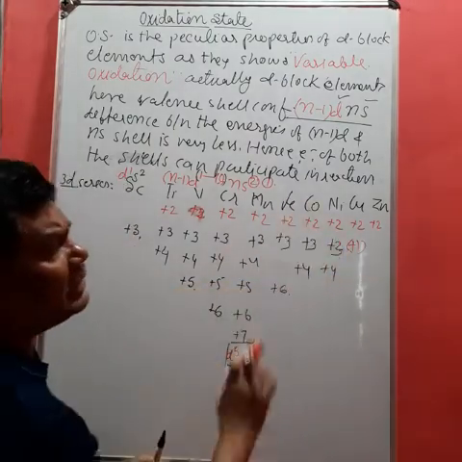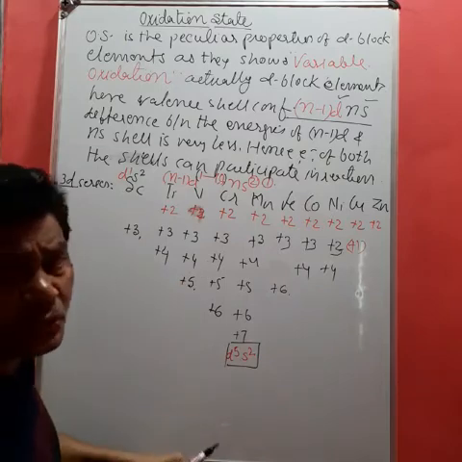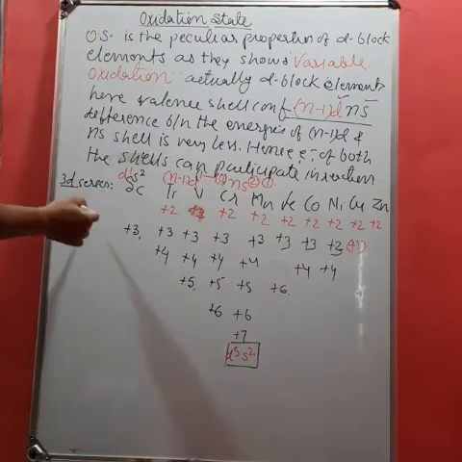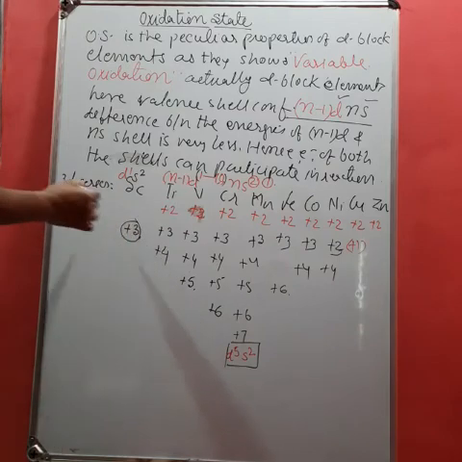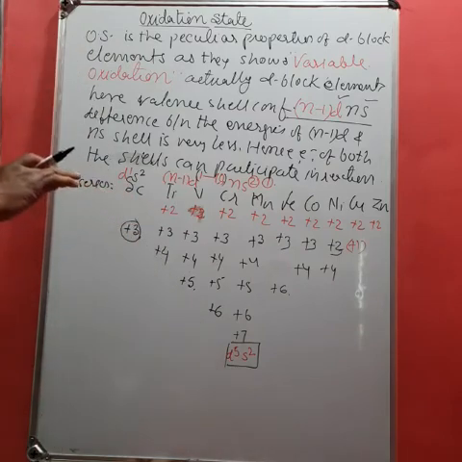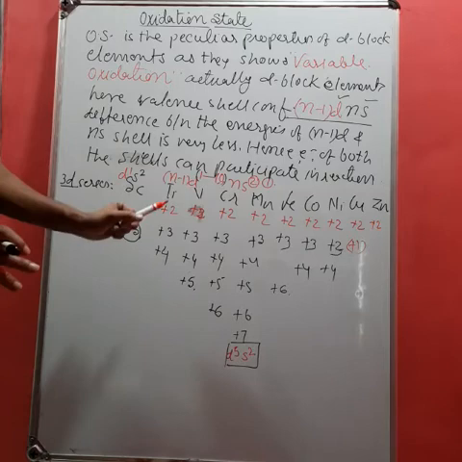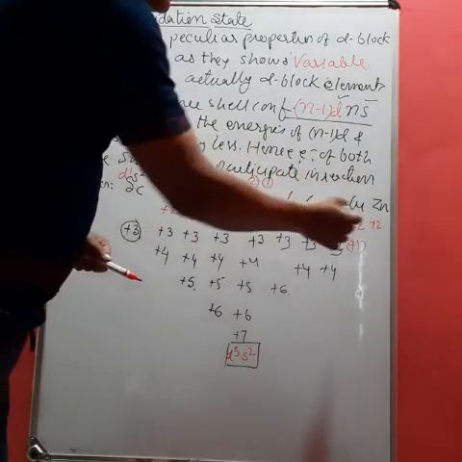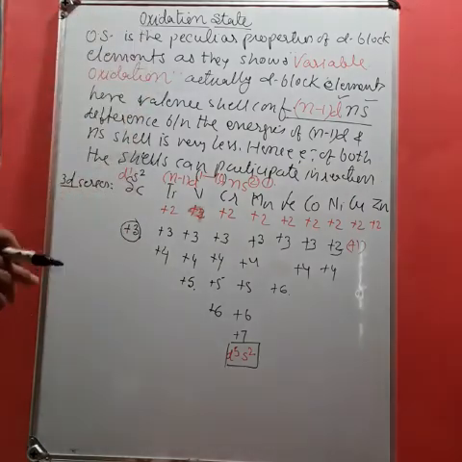Zn can show only 1 oxidation state, +2. So student, here in the 3d series, scandium is the only element which does not show variable oxidation state. Here one of the questions can be asked. Similarly, zinc can show only +2 oxidation state.